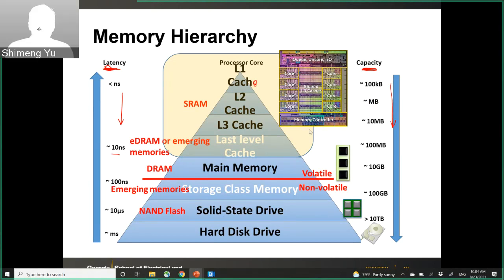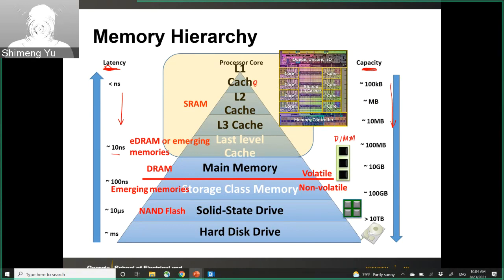This is on-chip memory, and then there is off-chip. The first off-chip memory is the main memory, made of DRAM, dynamic random access memory. You probably see this kind of DRAM on a DIMM, Dual Inline Memory Module.